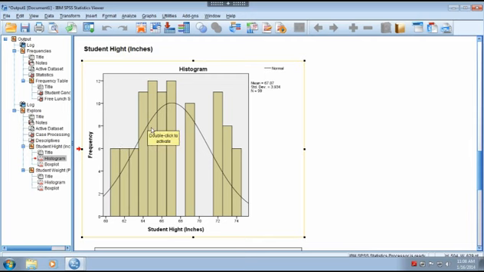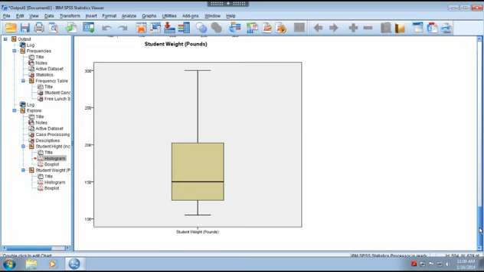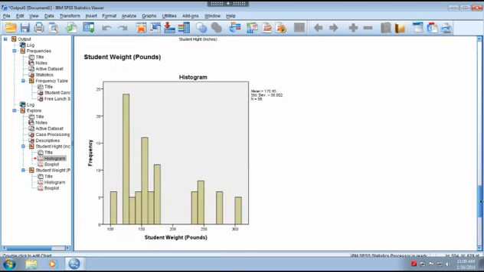When you interpret it, you can say there are more participants distributed lower than the mean, and that indicates the students' height has more people who are lower than the mean. The distribution is skewed to the lower height side. And for the weight, you can pretty much do the same thing.